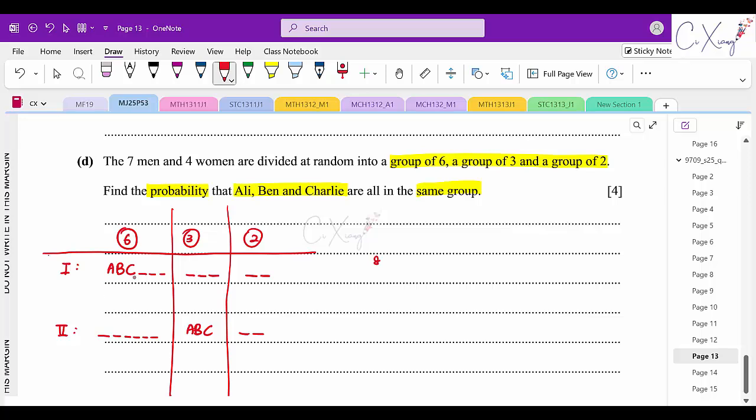For the 8, I want to choose 3 of them and put them in this part. So it will be 8C3. Then how about the remaining persons? After you choose the 3 out already, you still have 5, right? So for the remaining 5, you choose 3 and put them into the 3-person group. So it will be 5C3. Then the remaining 2, you'll be having 2C2.